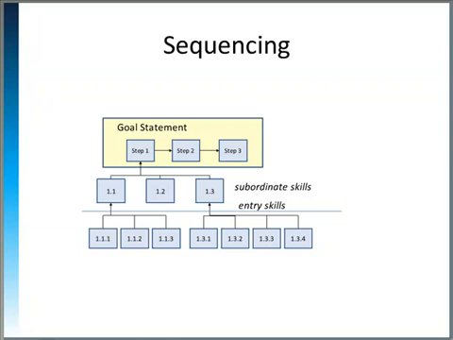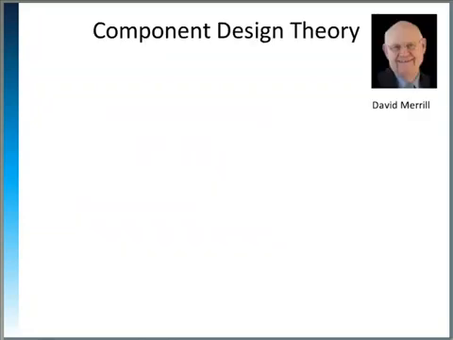And there's much in the way of instructional design theory to help us represent ideas or demonstrate skills. David Merrill worked with Gagné to extend Gagné's theories and develop something he called component design theory, or as it was originally described, component display theory.